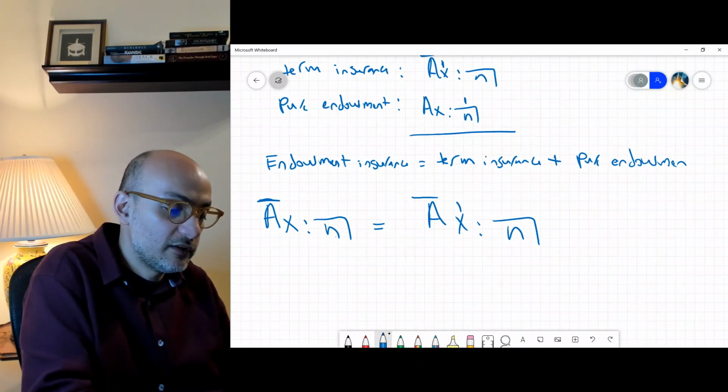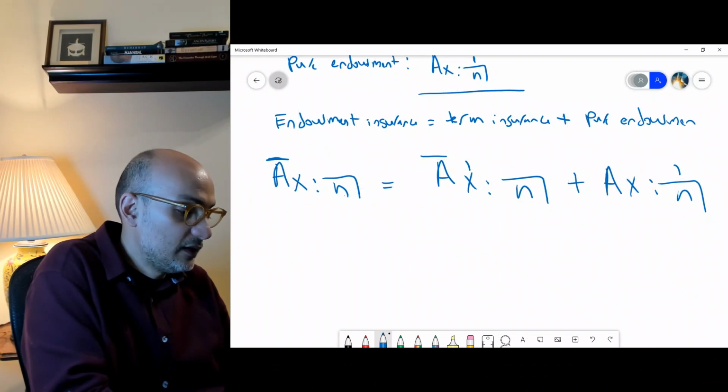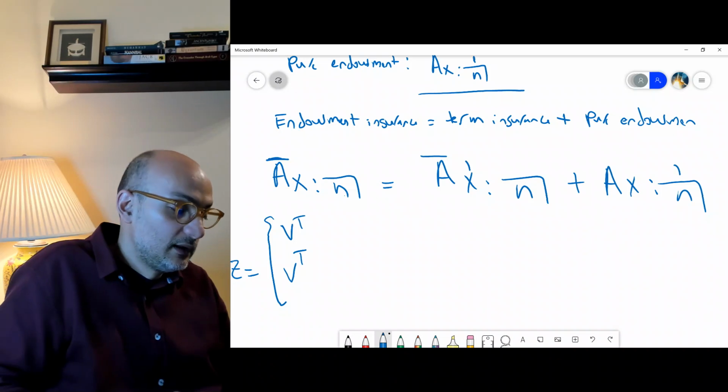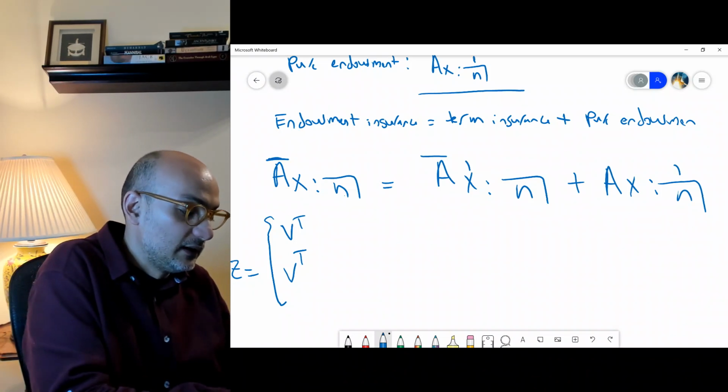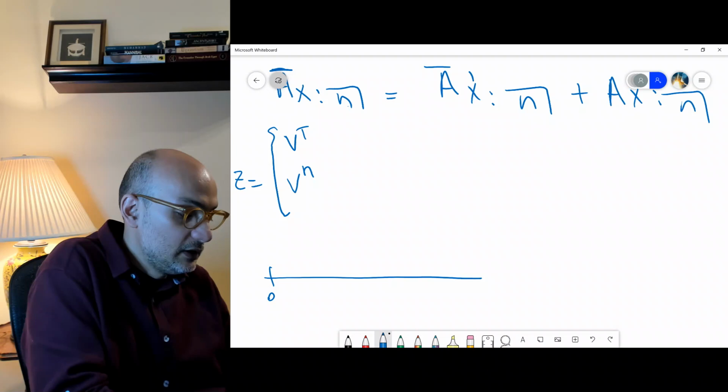If this pays $1, the present value Z will be v^T, and also v^n. Let me visualize it: Z at x plus n.